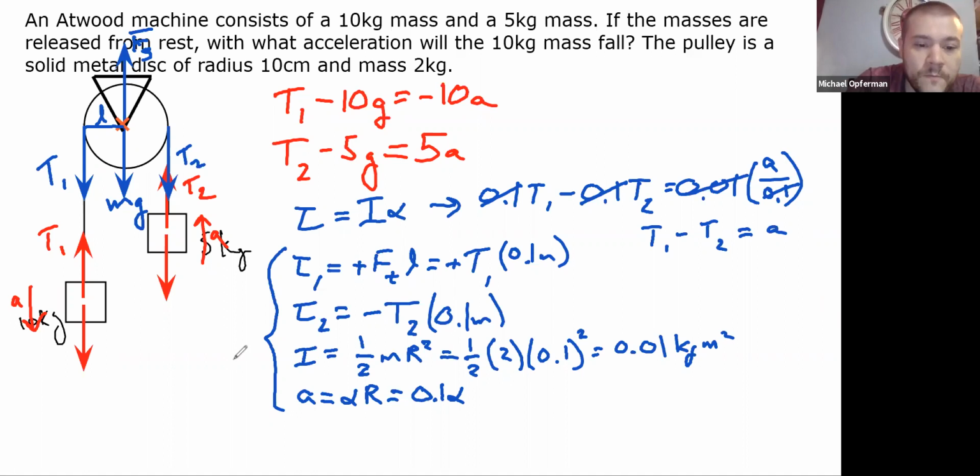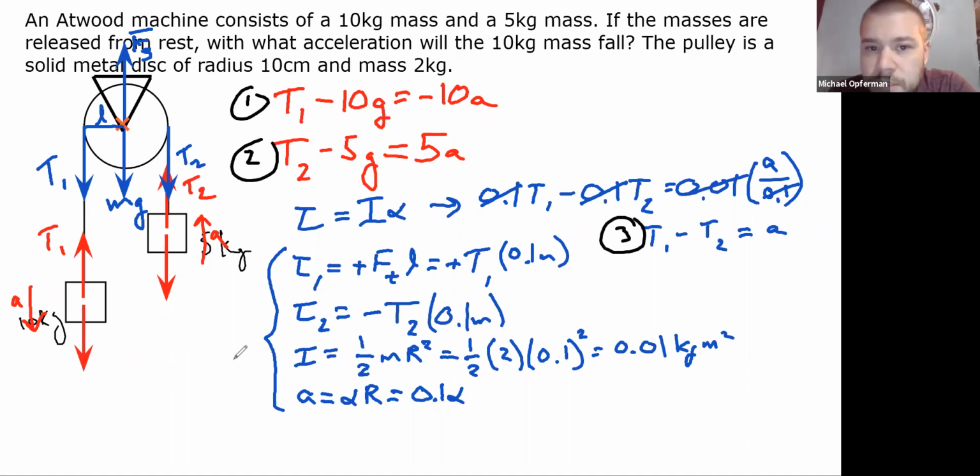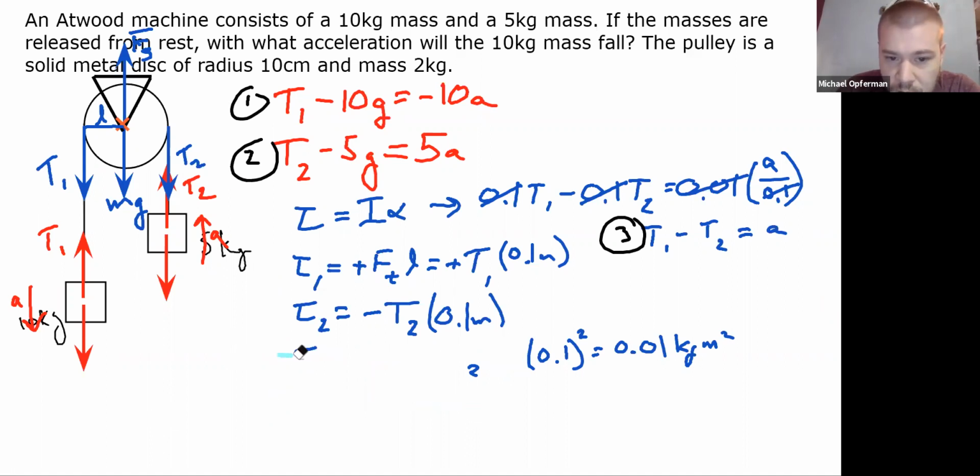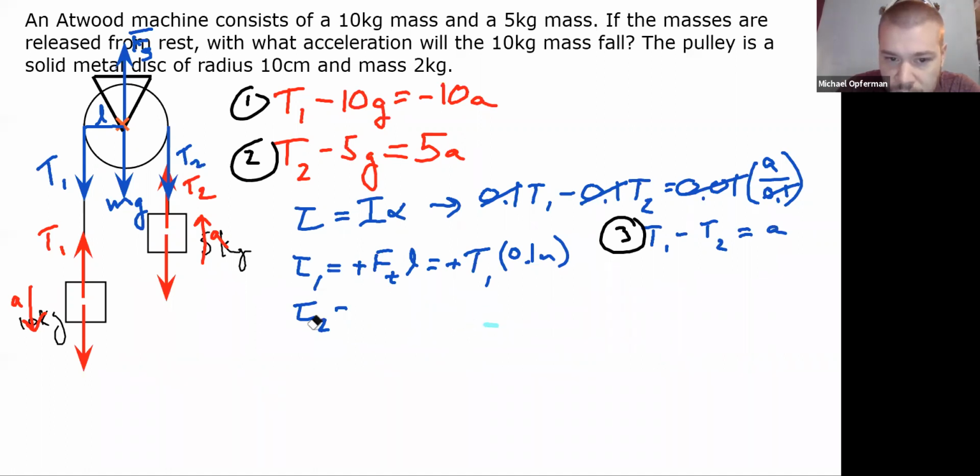Okay, so now we've got 3 equations for 3 unknowns, T1, T2, a. So we have 3 variables and 3 equations. So this is solvable. I'm going to need to make a little bit of space. I'm not going to try to squeeze this into the little teeny amount of space I have left. Let's get rid of all this background work.